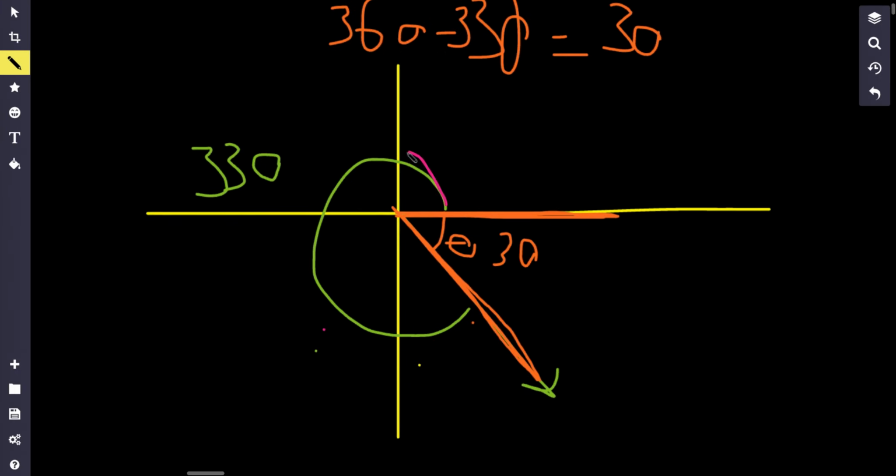Think about it. One rotation, if I create a circle, represents a 360 degree angle.